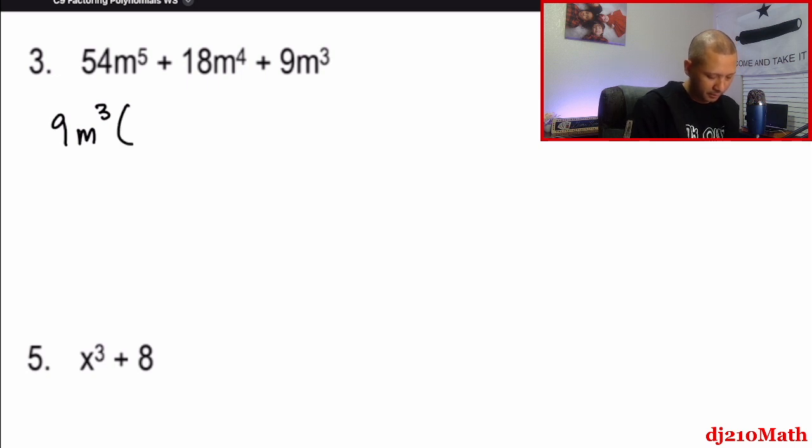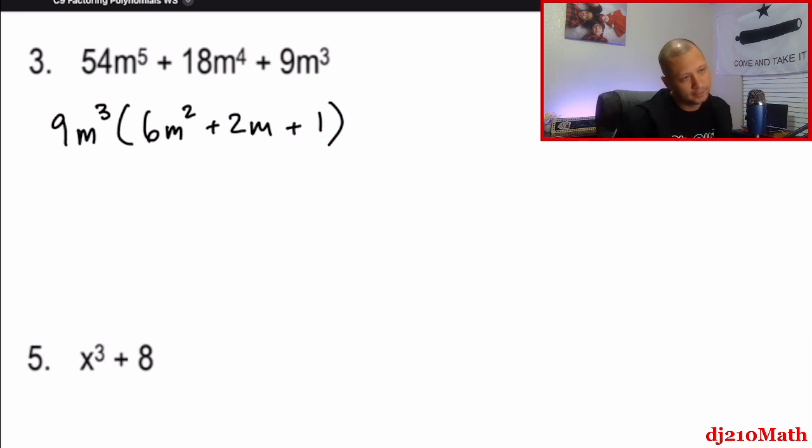So what's left behind? 6m squared, subtract the exponents, plus 2m plus 1.